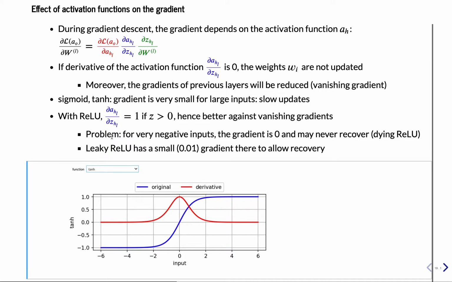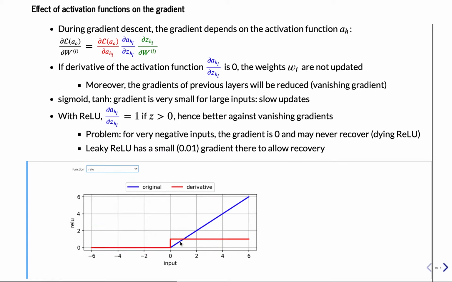ReLU does a bit better here. If you look at the gradient of ReLU, it's a constant. It's basically 1 for all positive values. So it's not affected as much by this vanishing gradient problem. So this allows you to build deeper networks. Now, the problem is, of course, on the left side here.